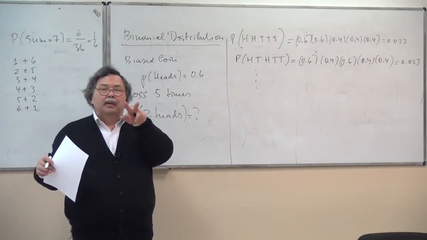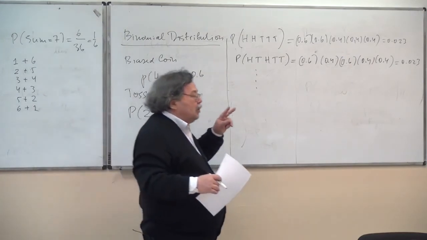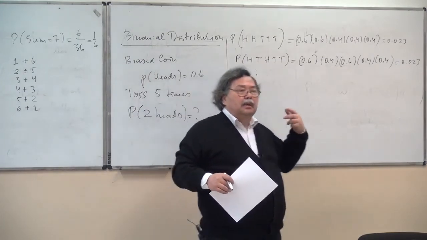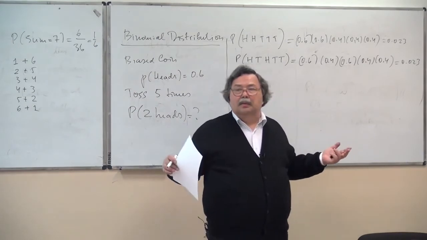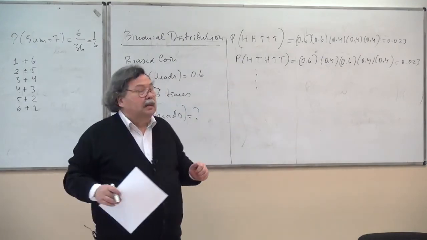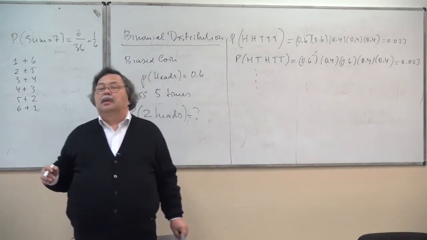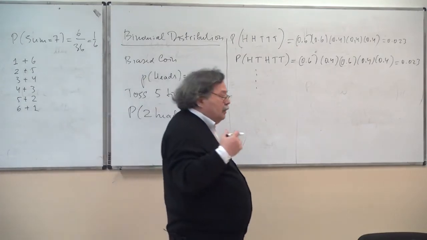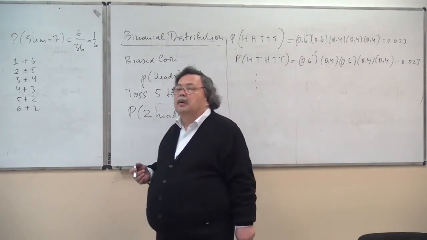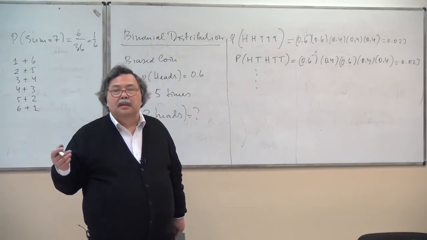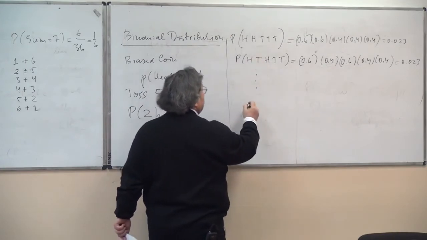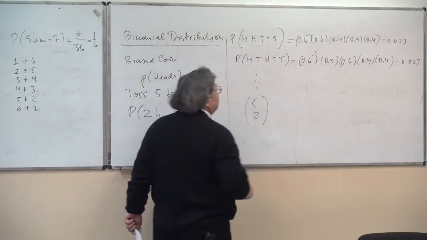If we specify the two positions in which heads will appear, in this way we specify completely, in a unique way, this sequence. Okay, so we know that the remaining 3 positions must be occupied by T's. And actually today we already have discussed exactly this. The answer is the number of combinations of 5 elements taken 2 at a time. So the number of different sequences like this is 5 choose 2.